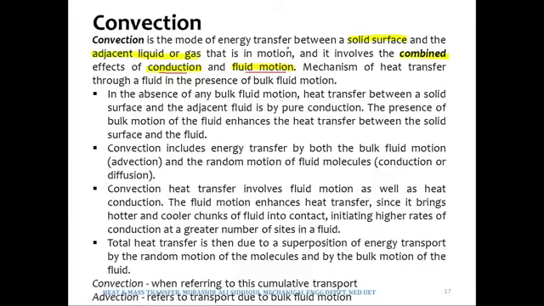The presence of the bulk fluid motion enhances the heat transfer between the solid surface and the fluid. How? It pushes it, and then the fluid is getting heated up and is being replaced. So the heat transfer is in fact being increased by the bulk fluid motion, which is in fact convection.